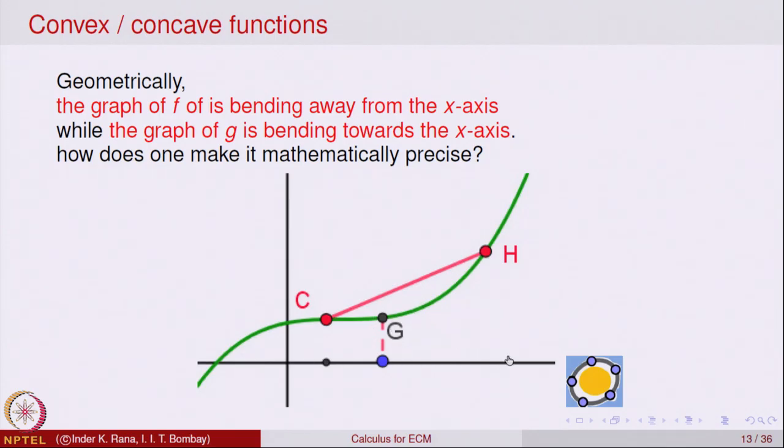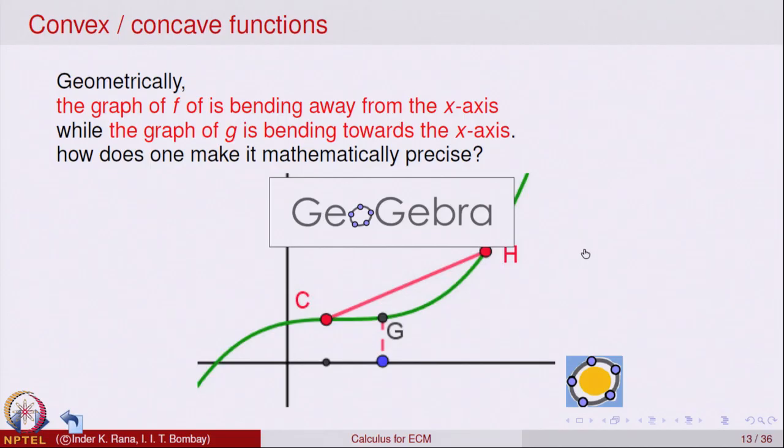We would like to make this more precise. So, let us look at geometrically what is happening and then try to understand this and make a mathematical formulation of this property. I am going to open this graph in GeoGebra and try to see dynamically what is happening in that.